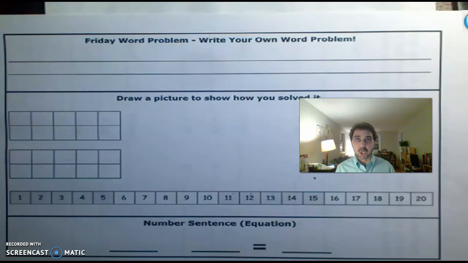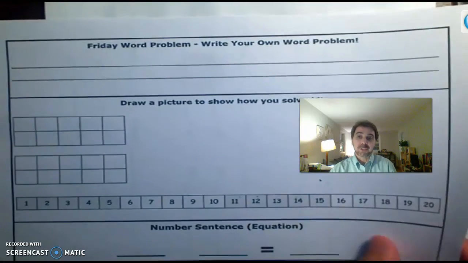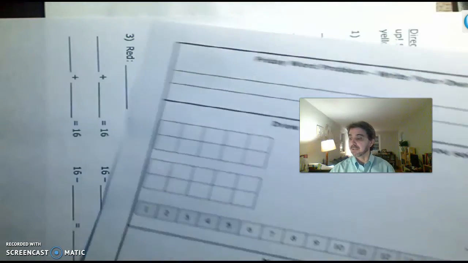There were 12 Godzillas and 5 King Kongs that got into a fight. I mean, I don't know, make something up, right? Show your work, right? So you want to actually solve it and do your equation, all right? And who knows, maybe your teacher will use it, and maybe other kids can try and solve it.